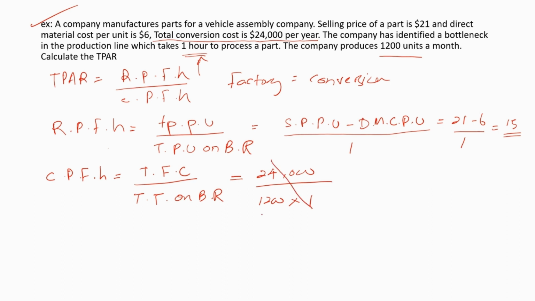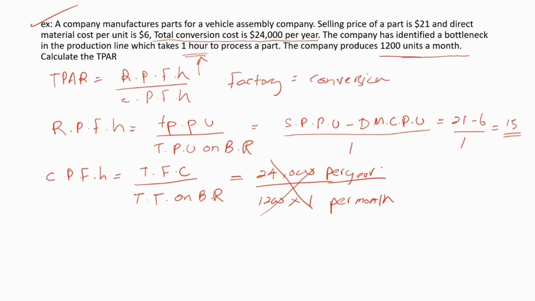This is incorrect because the $24,000 is the conversion cost per year, and in the denominator, this is the value per month. Look here, 1,200 units per month.